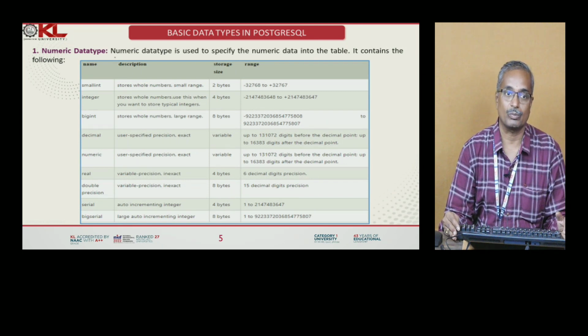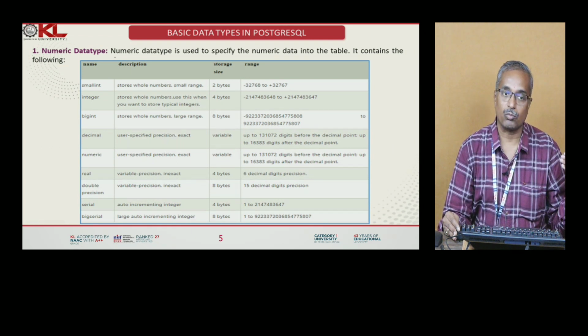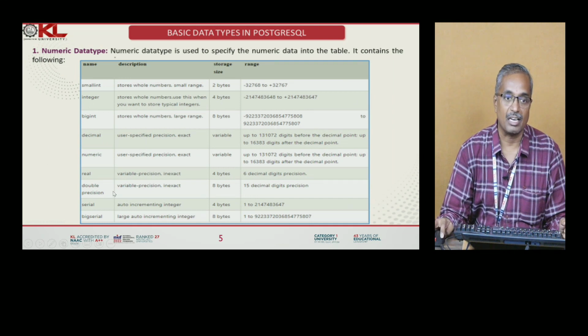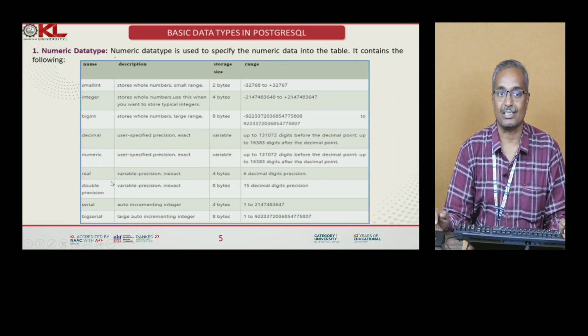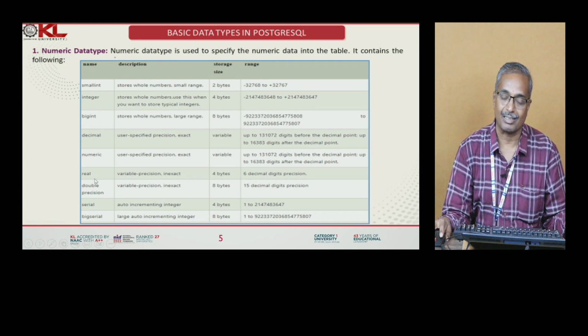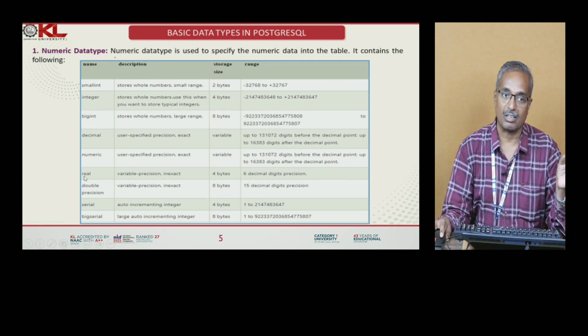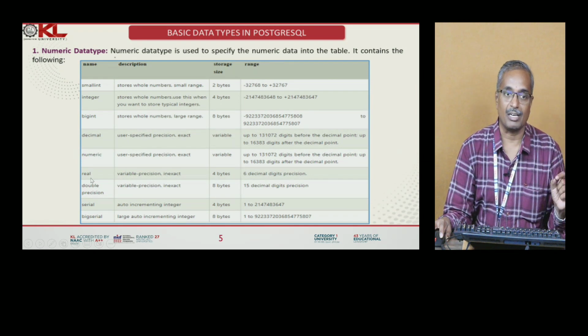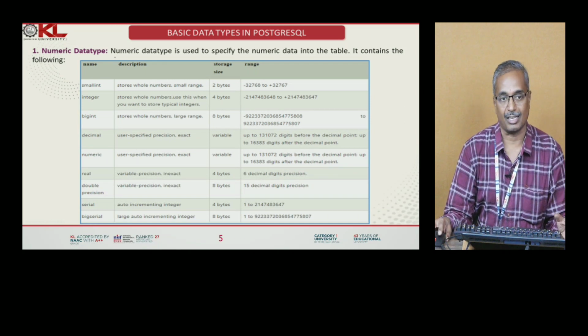And if you want to work with float values, you can find it here easily, which is the real data type. Otherwise, in C, C++ or Java, people call this data type float. As per Postgres, decimal point values or floating values are identified by the real data type. Okay.